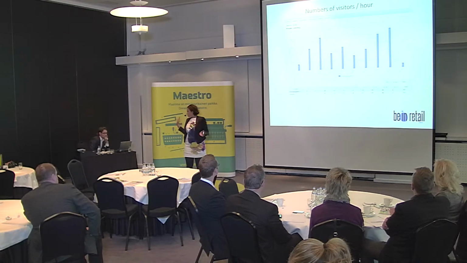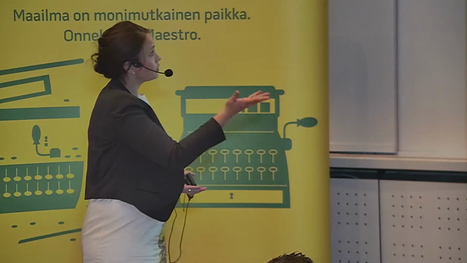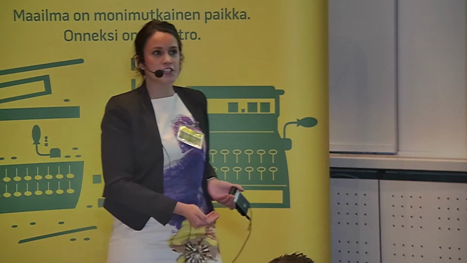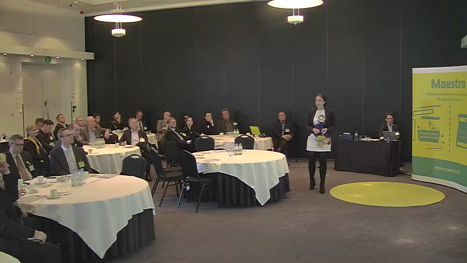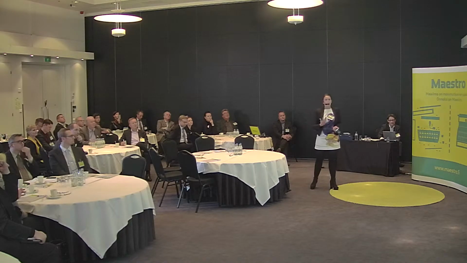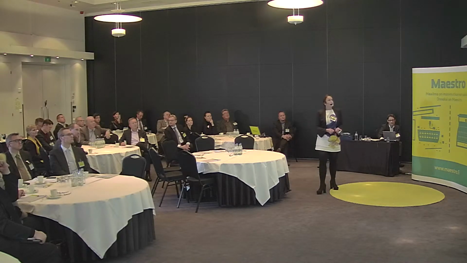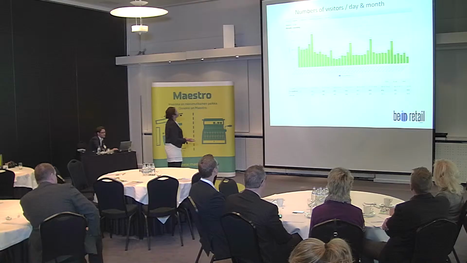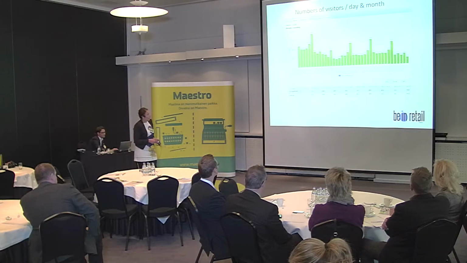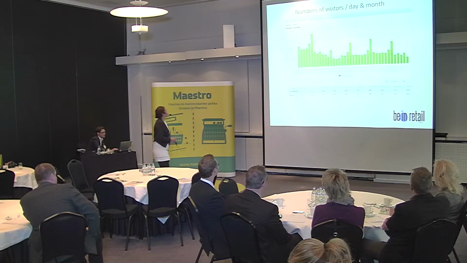I will just give you a quick example. I will not waste your time with this, but this is a quick example of different types of diagrams you can get from the system. This is number of visitors per hour. This is number of visitors per day. This is number of visitors by day and month.